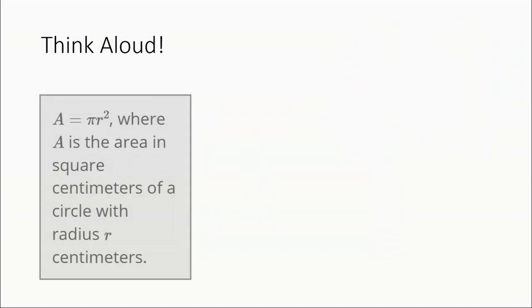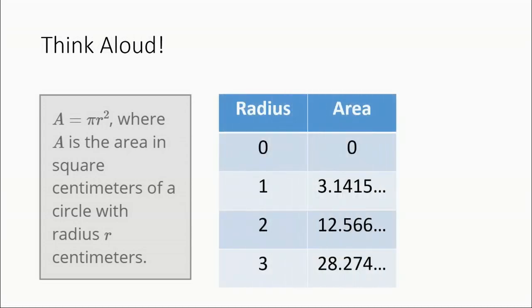So we have A equals pi r squared, where A is the area in square centimeters of a circle with the radius r centimeters. Let's look at this graph. You have, of course, 0 is 0, because anything times 0 is going to give you what? 0. And then if you do pi times 1 squared, you're going to get 3.14 and so on.